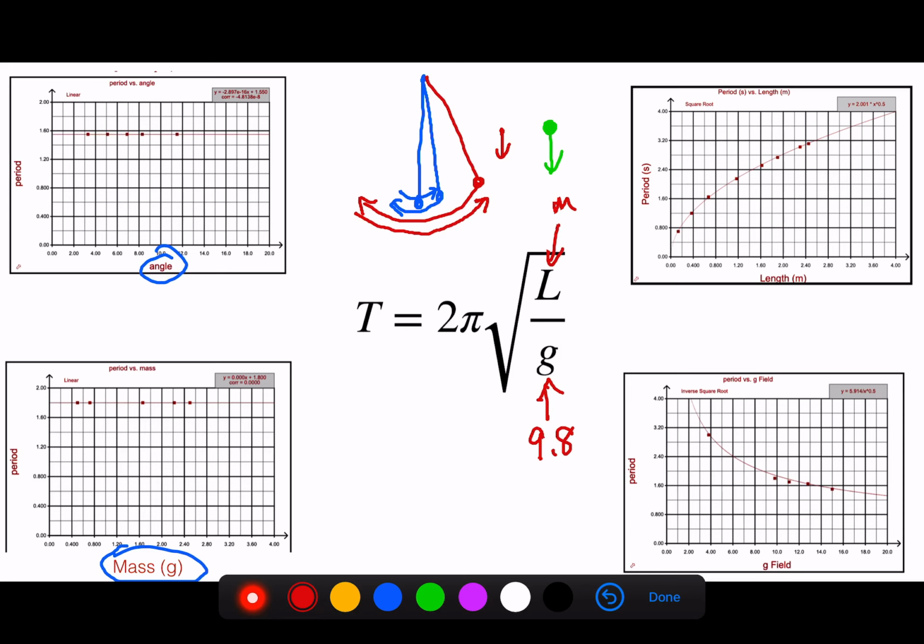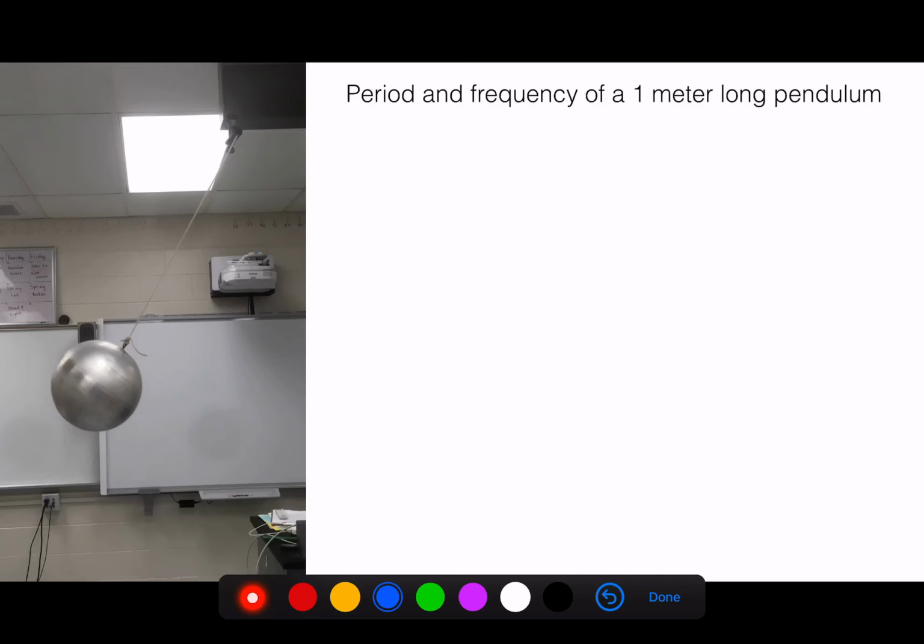This length is the length measured in meters. We saw that this square root sign was because we had a square root relationship for length and we had an inverse square root relationship for gravitational field. Some of you tried to do a linear graph, and although the points fit, it should be obvious that we have to go through 0, 0. A pendulum with no length would also have no period.